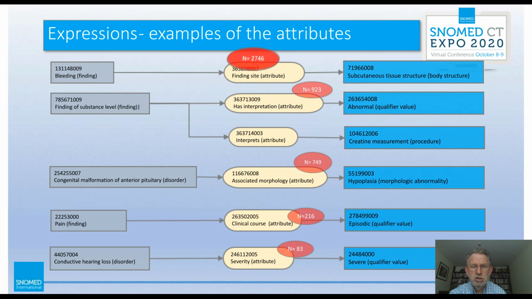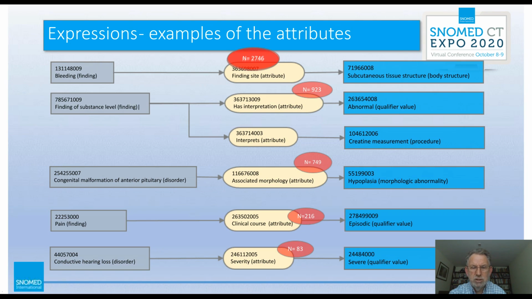Okay, looking at the expressions in a bit more detail, and particularly the attributes that we used. As we said, the commonest was finding site with nearly 3,000, and this was often used just on its own, so it's a simple attribute to add.